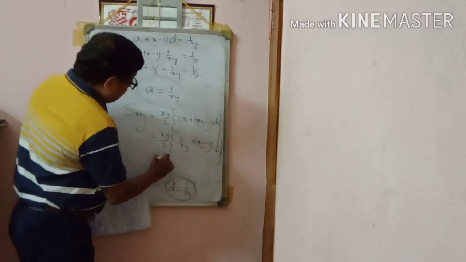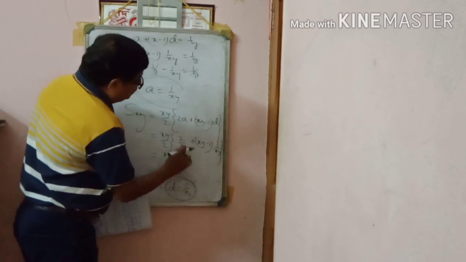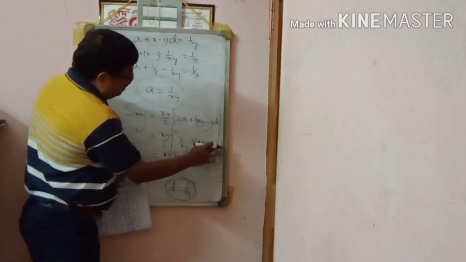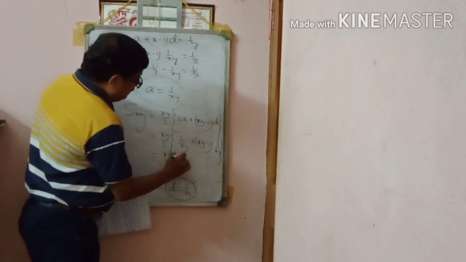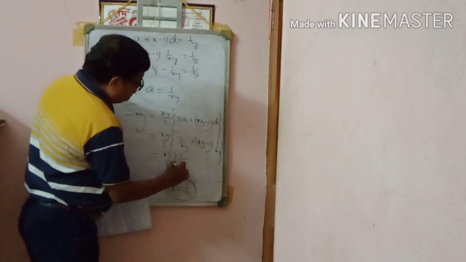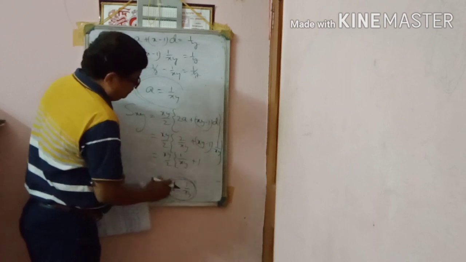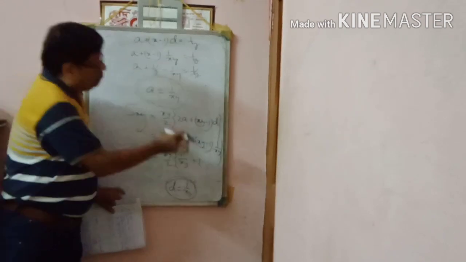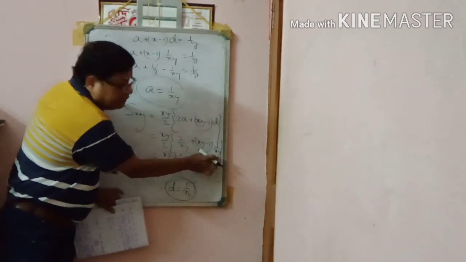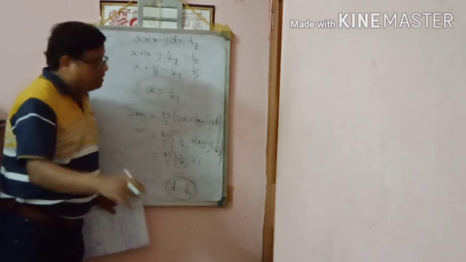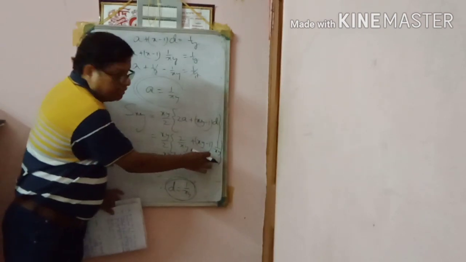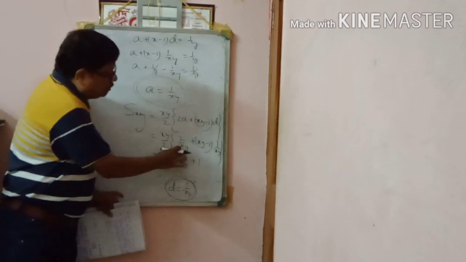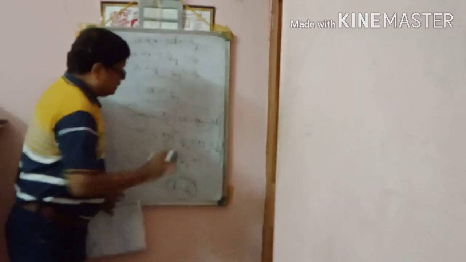So 2 by xy plus xy into 1 by xy, 1 minus 1 by xy. So 2 by xy minus 1 by xy equals 1 by xy, plus 1 is there.